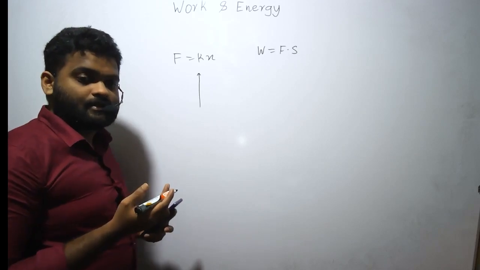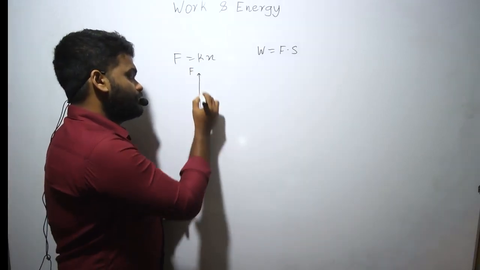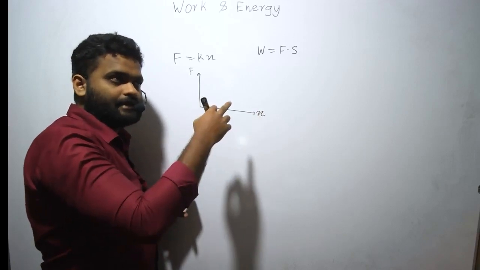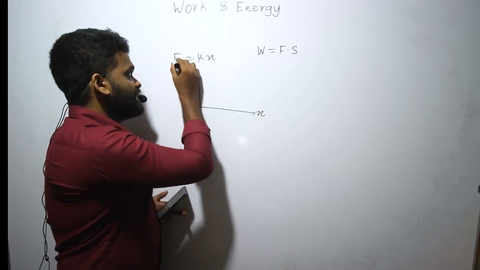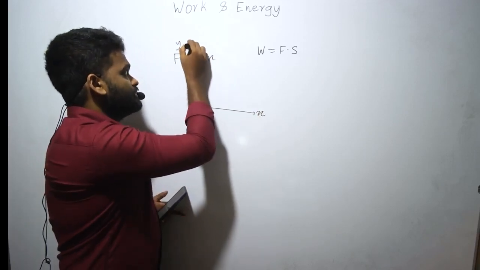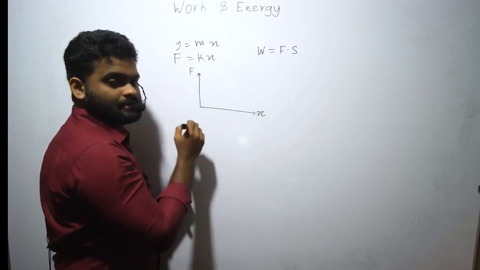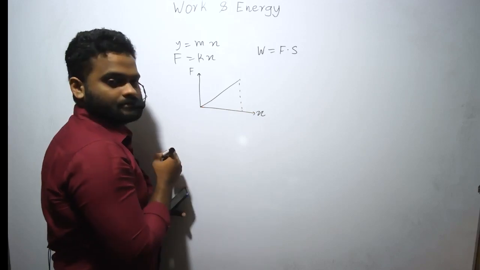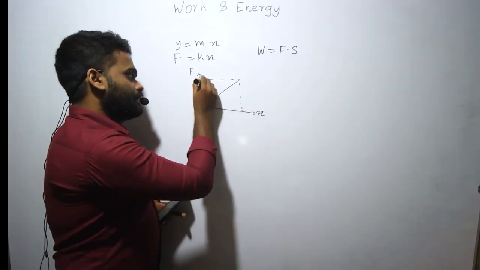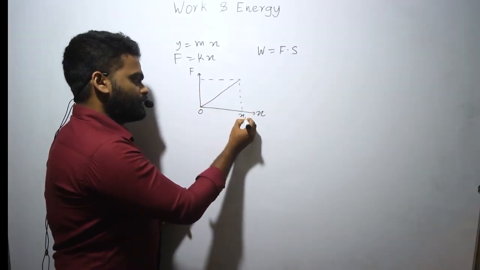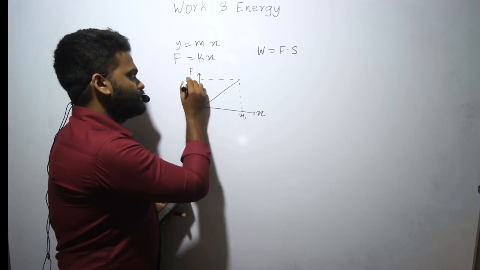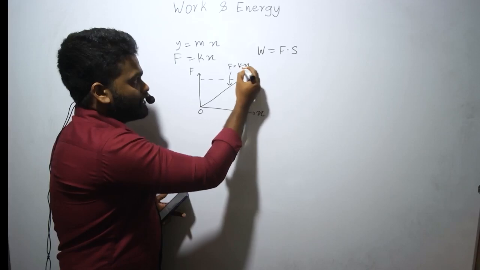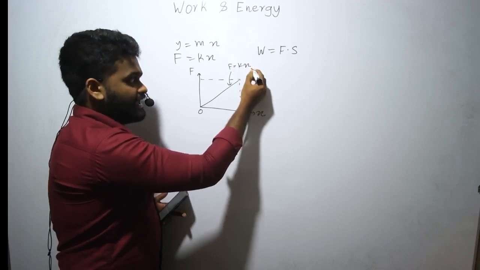So as I mentioned, if you get a situation like that, you need to draw a graph to get the variation. So F equals kx is similar to y equals mx, right? So the graph is like this. Then from 0 to x1, so at x1, this is the function of the graph F equals kx.